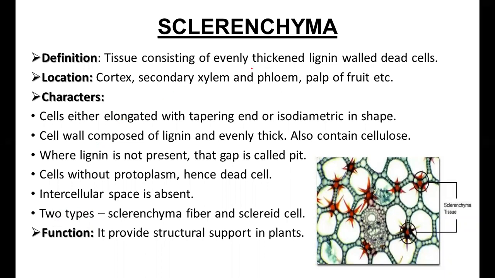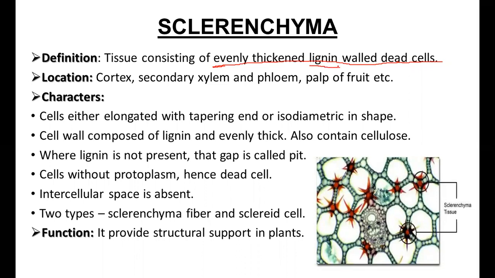Sclerenchyma consists of evenly thickened, lignin-walled dead cells. From here we can also clarify the characteristic, that is evenly thickened. That means the diameter of the cell wall should be equal in all places of the cell, and this equalness comes from the deposition of the cell wall material, that is lignin.